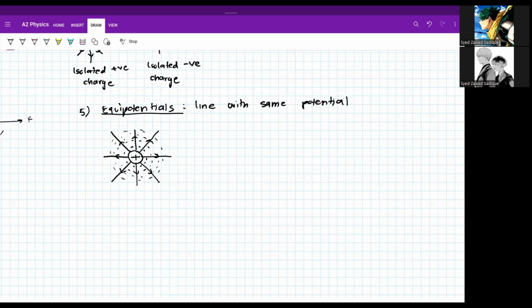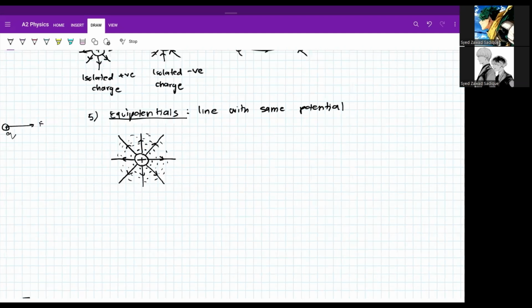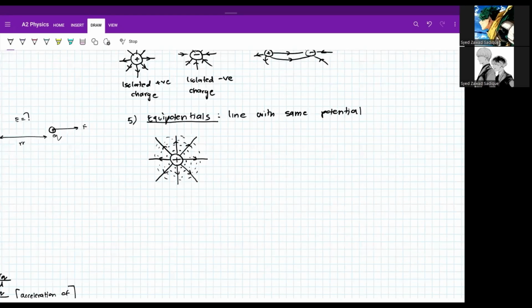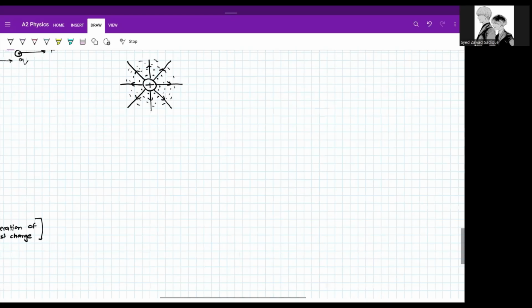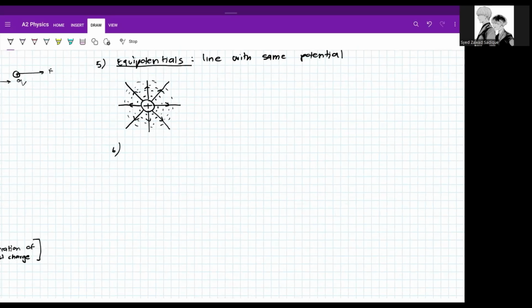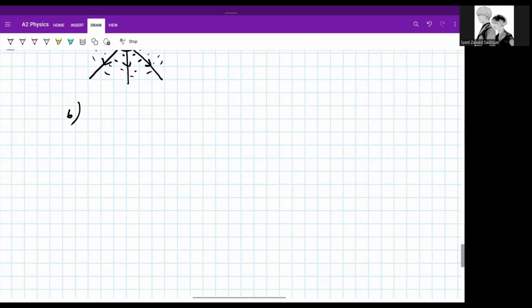Okay, we have two more concepts left, and after that, this chapter will be done as well. So our sixth concept for this chapter is, excuse me, wait, right, it is uniform field lines.